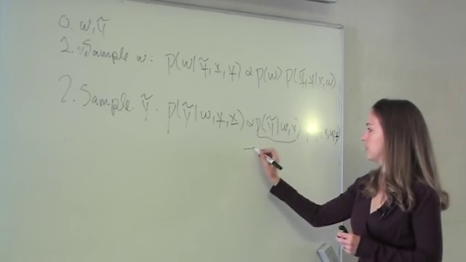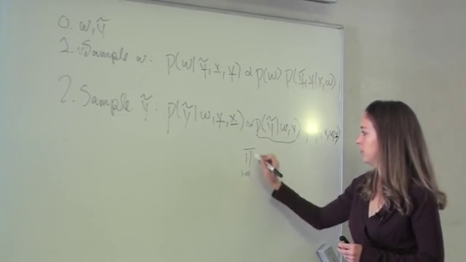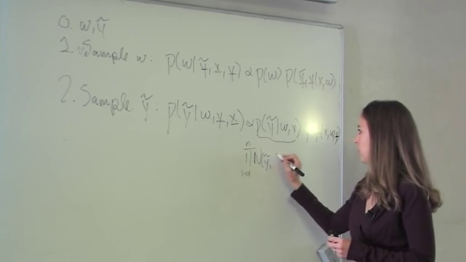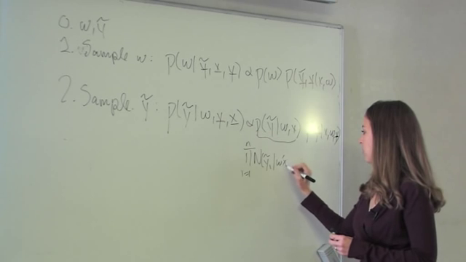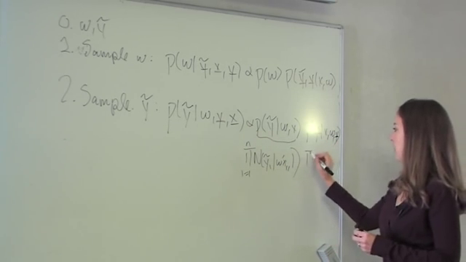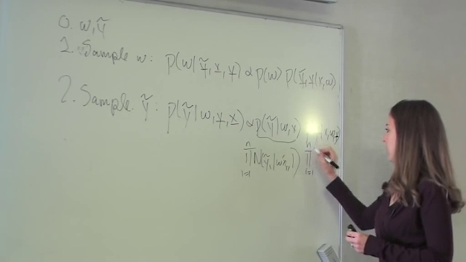We said this is just a product of normals with unit variance, and this is just the product of indicators.